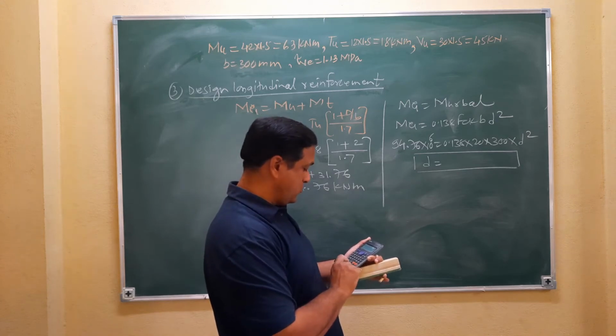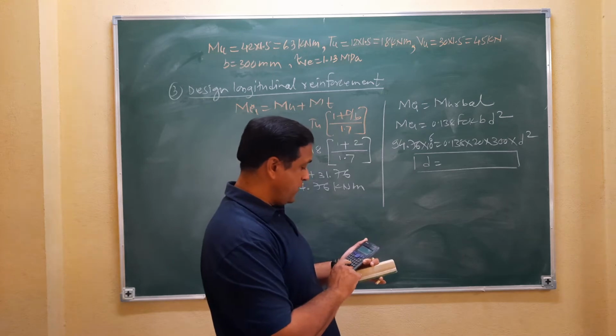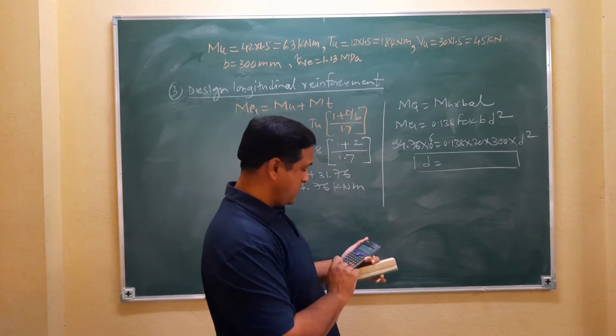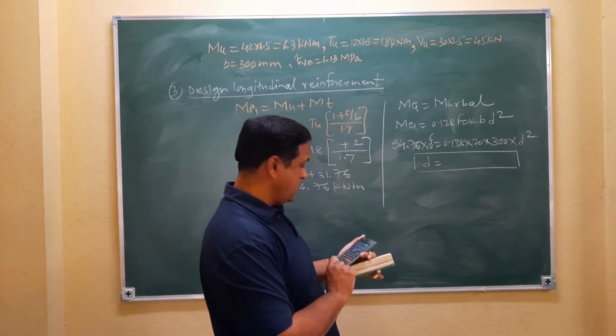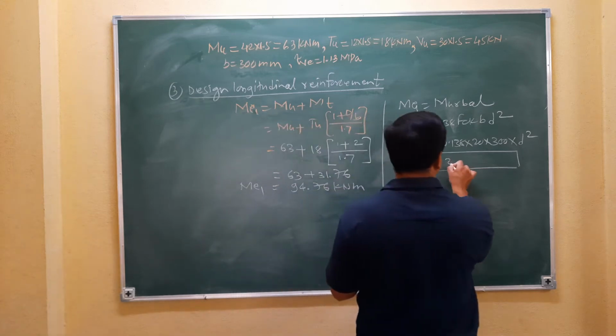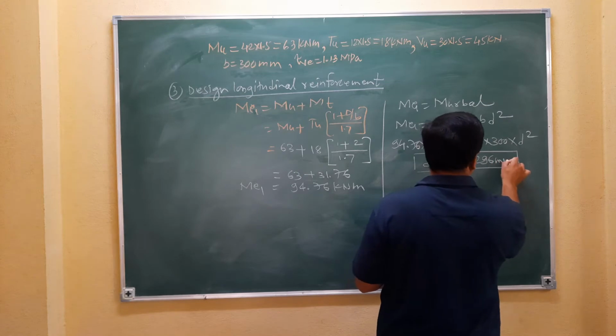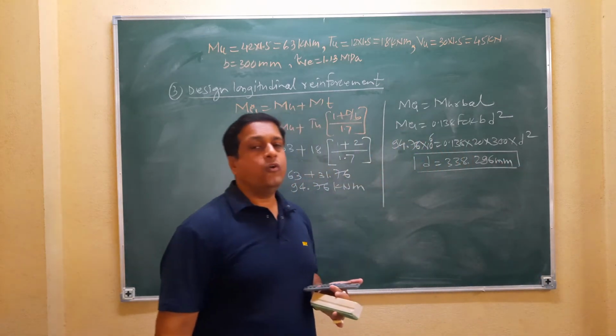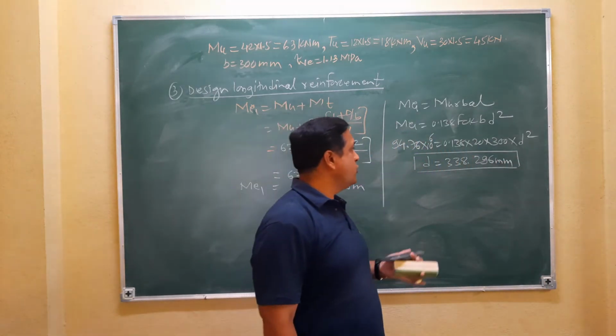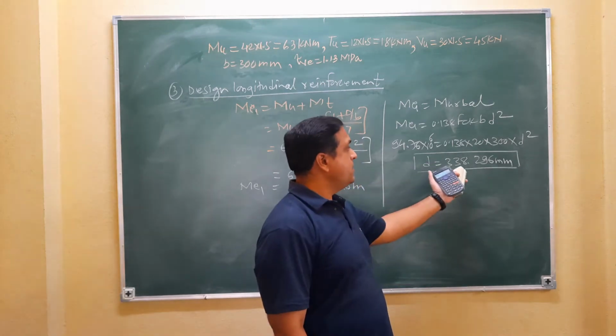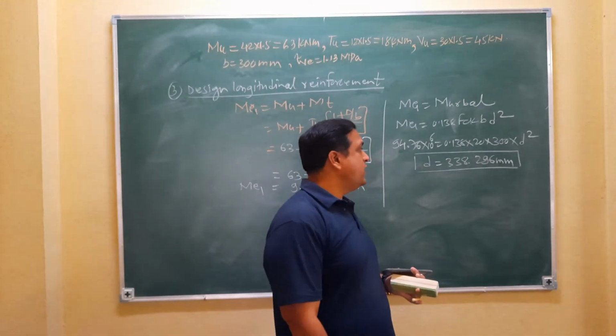We have to find out the depth. And the root of answer, required depth is 338.296 mm. That means if you want to carry the bending moment 94.76, the depth of beam required is 338.296.